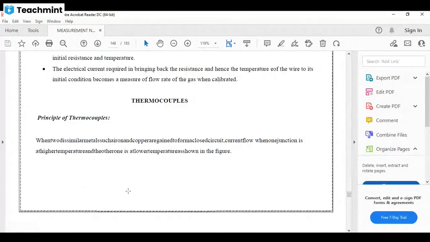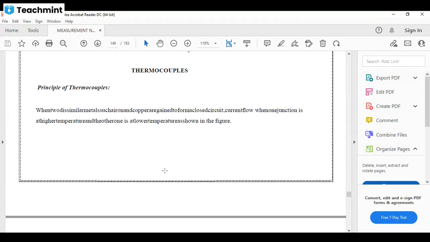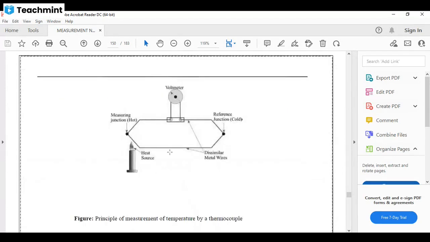So when two dissimilar metals, such as copper and nickel, are connected to form a closed circuit, current flows when one junction is at a higher temperature and the other is at a lower temperature, as shown in this figure.